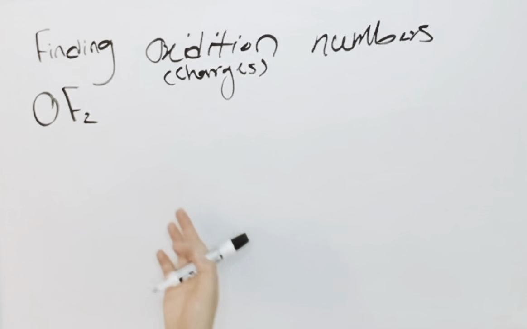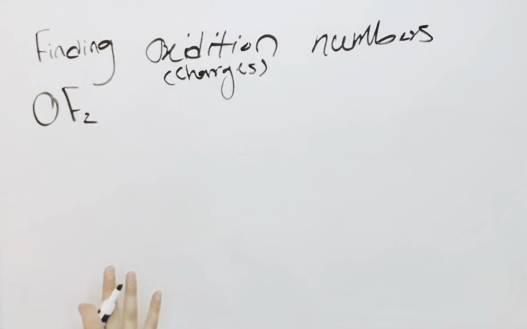In this example, we have oxygen difluoride, which again, you don't have to know its name, but if we're trying to find the oxidation state for both of these elements, we don't even need to do any math because we already know that oxygen is always -2 and fluorine is always -1.